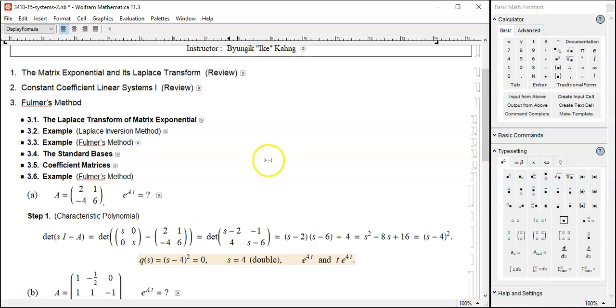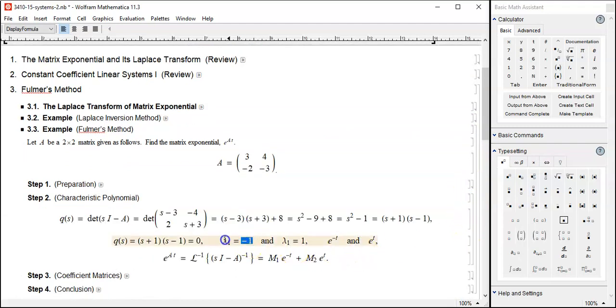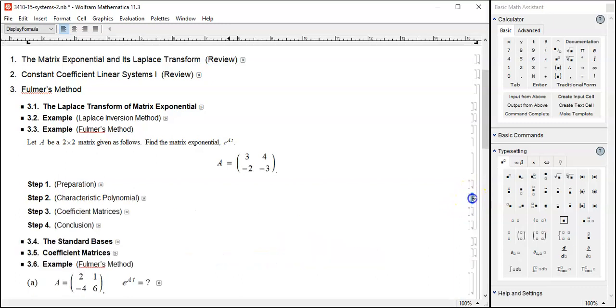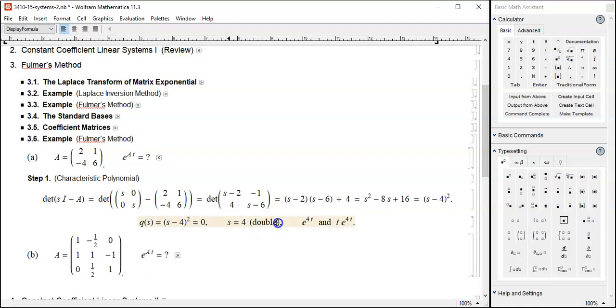In the previous example that I used as a motivating example over there, I had two different eigenvalues. So we had two different eigenfunctions, e to the negative t and e to the positive t. Here, in this example we are doing now, I have a double root. So e to the 4t and then t times that.